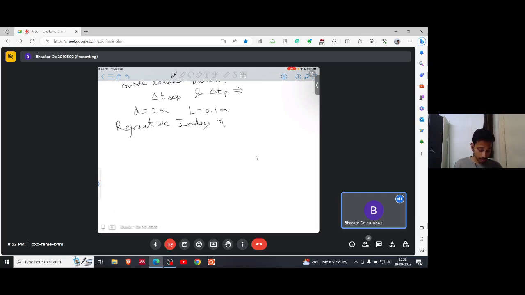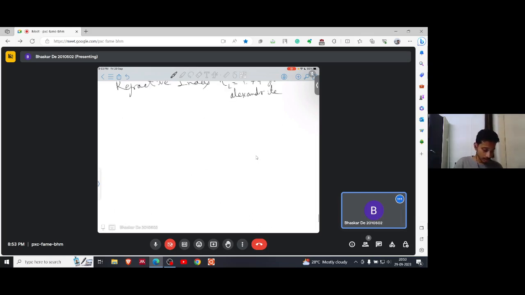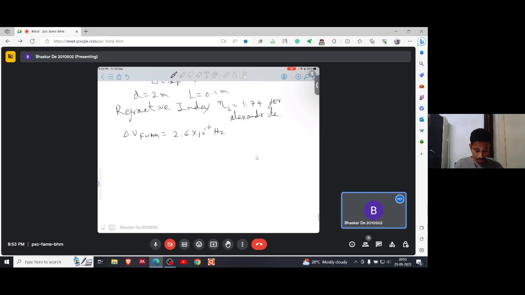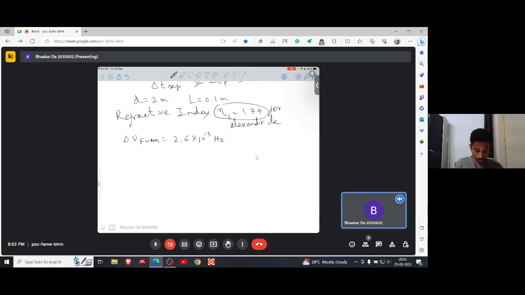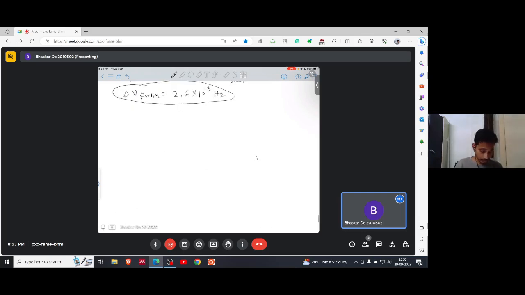So refractive index eta L is 1.74 for Alexandrite. Now delta nu FWHM is 2.6 into 10 to the 13 hertz.